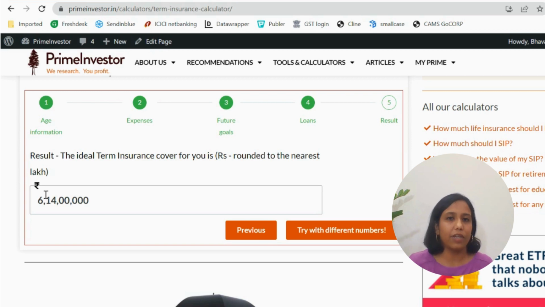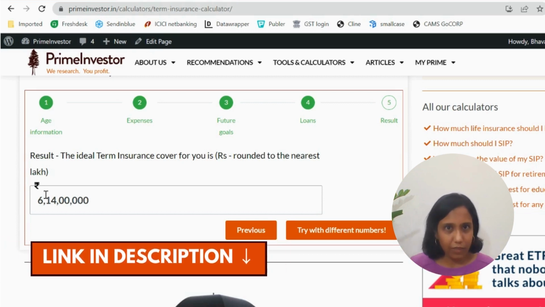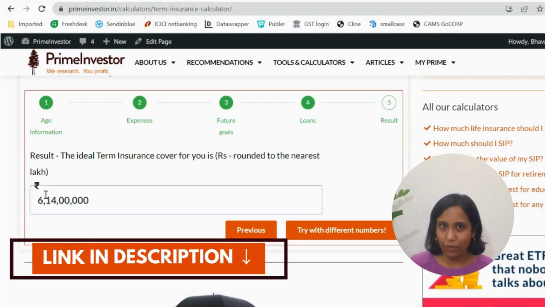So in that case, when you have major lifestyle changes, come back, calculate it to make sure that you are insured for the right amount as far as your term insurance goes. Okay, so check out the link below, do the calculation, and get the right insurance amount.